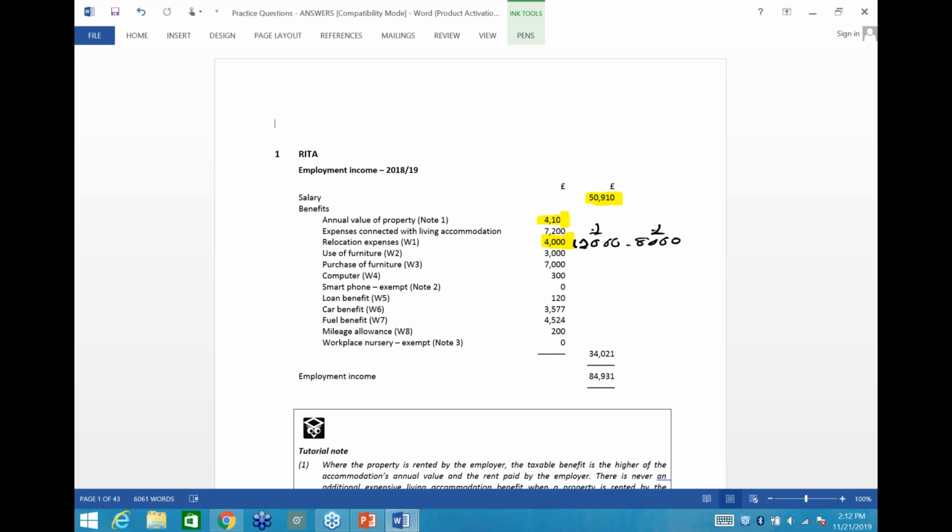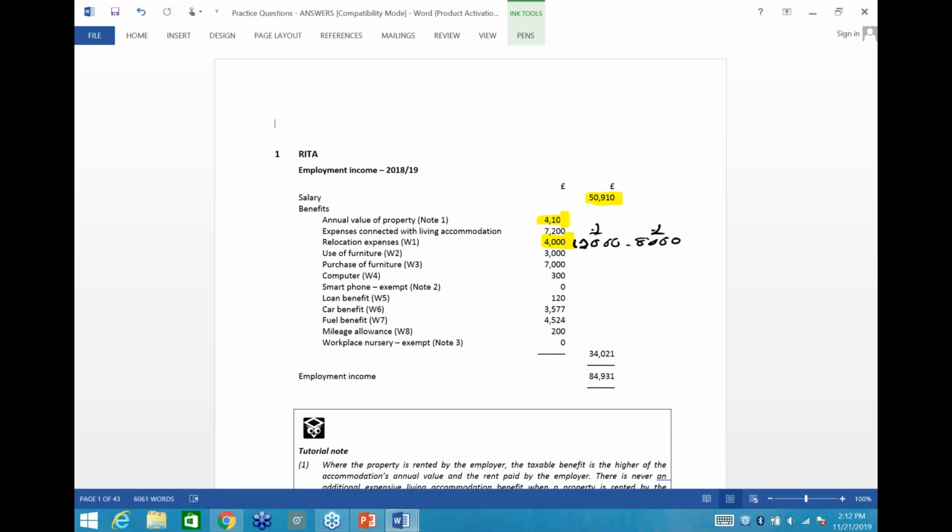In this instance, the house is not owned by the employer. Therefore, there is nothing called expensive accommodation. That means no additional charge applicable in this situation. If the house was owned by the employer, then you have to check whether it's expensive accommodation or not. How do we figure that out?